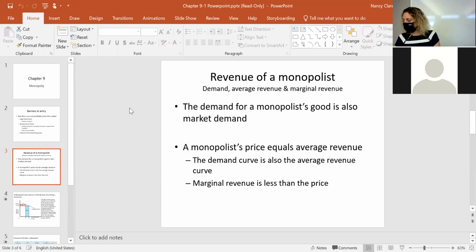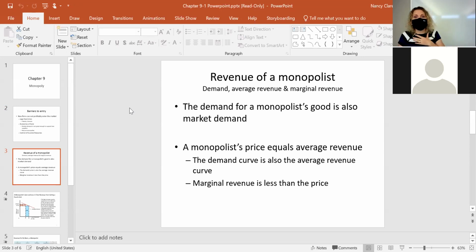If you think about what we did in the last chapter, we found the market supply and demand and the equilibrium price, and the perfectly competitive firm had to accept that price. They were a price taker.